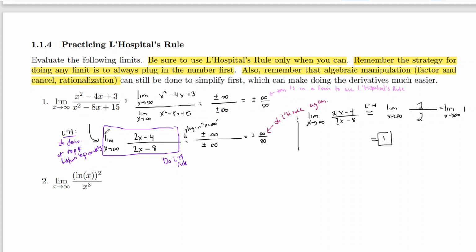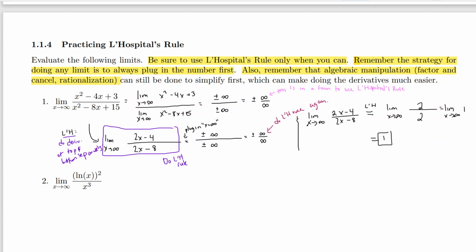The point is, yes, you can use L'Hopital's rule for old problems, but you do want to make sure, with the limits that we were doing back in chapter 2, or pretty much in the very first limit sections, that you're doing the problem in an efficient way. And this one, I would never actually use L'Hopital's rule if I was doing it on my own. But once again, just wanted to show you that it's possible.